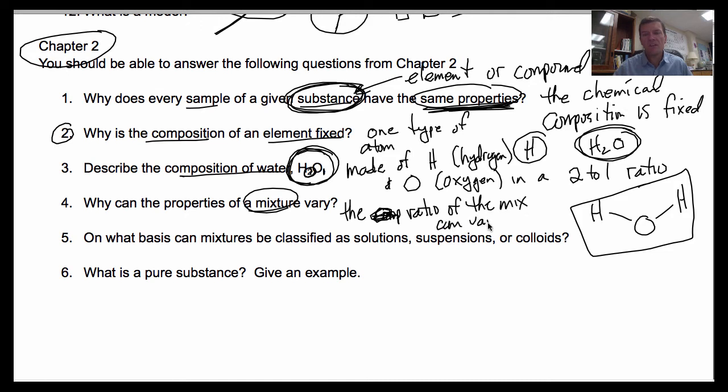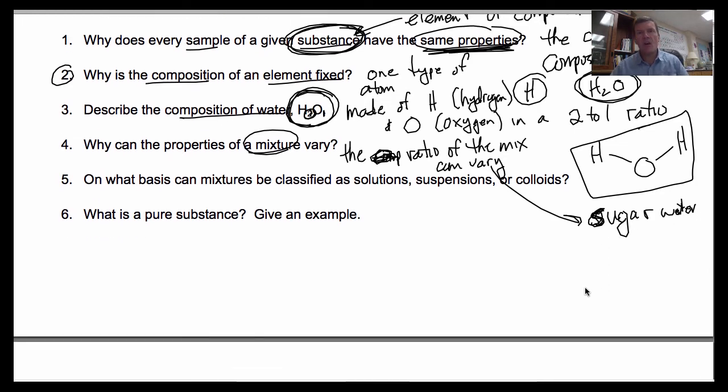What does that mean? Let's think about sugar water. Let's say you're making lemonade. You can change how sweet that lemonade is or how sour it is. So the properties of your lemonade can change.